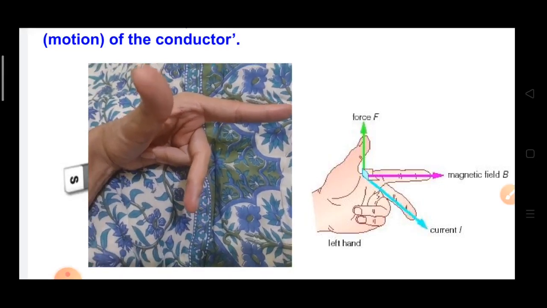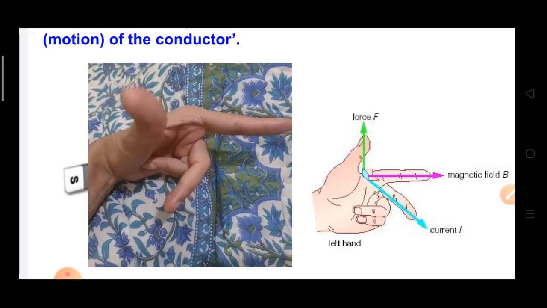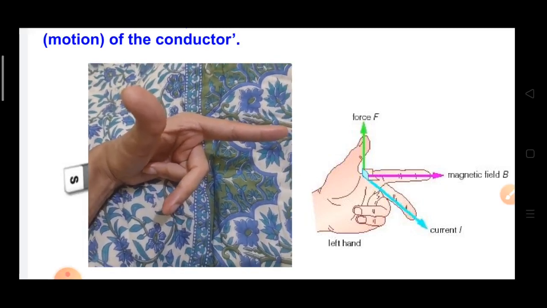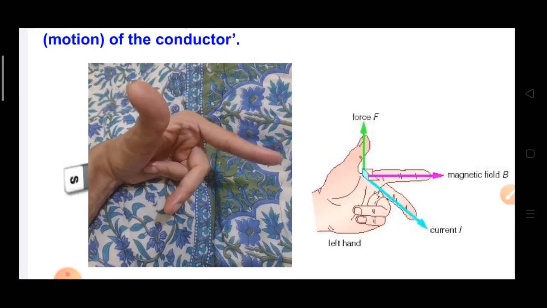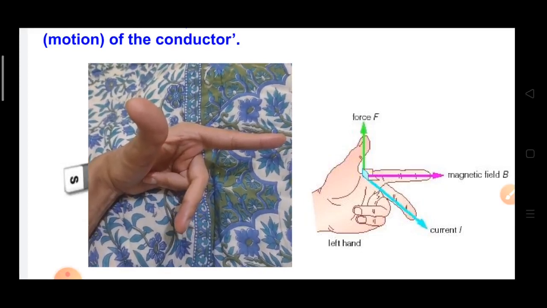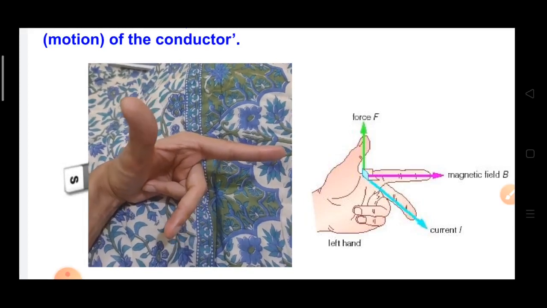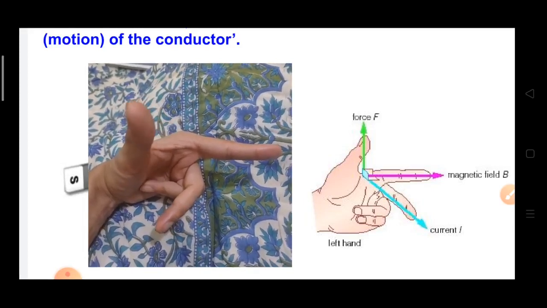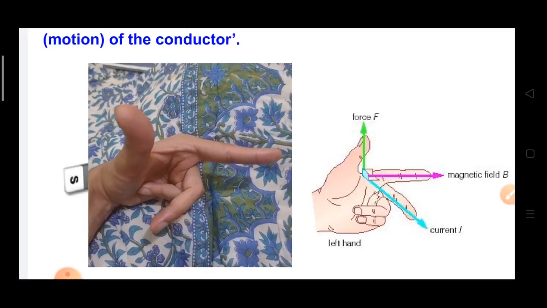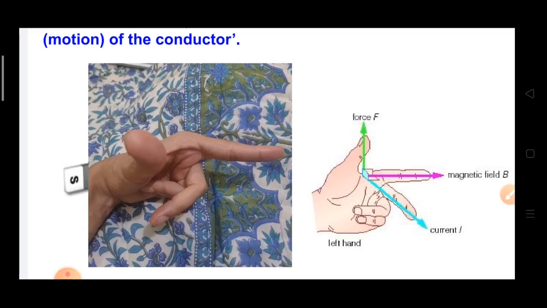So Fleming's left hand rule is used to find out the direction of force, but you must know the direction of magnetic field and current. For example, if the direction of magnetic field is this and current is this, then the force on the current will be upwards. You can see in both the figures, my hand and this diagram.